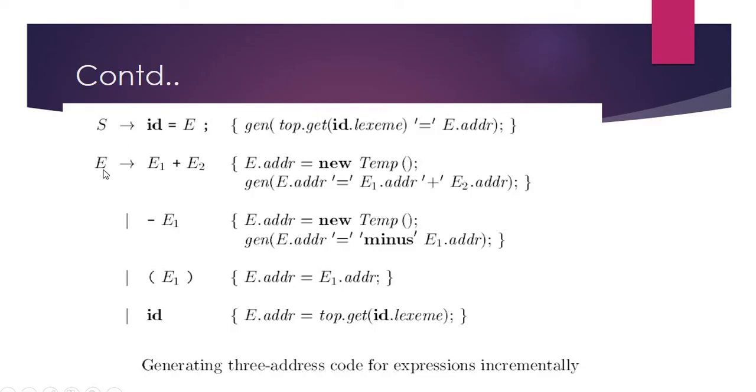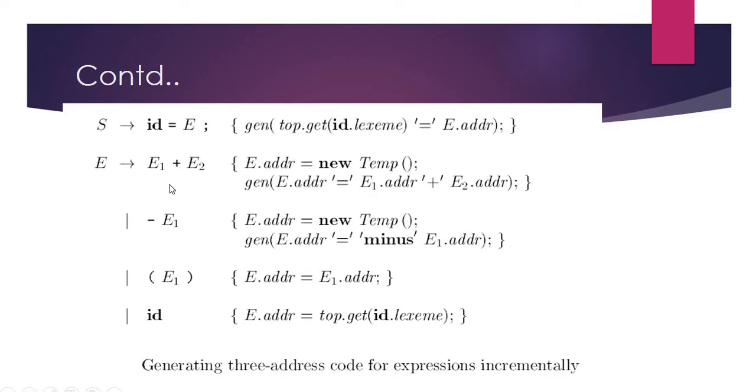The next production rule is E produces E1 plus E2. So E1 dot value and E2 dot value will be stored in E1 dot address and E2 dot address. From those addresses we'll access the values of those expressions, and we will assign to the parent E dot address. To generate the 3 address code, we'll make use of the predefined generate function.